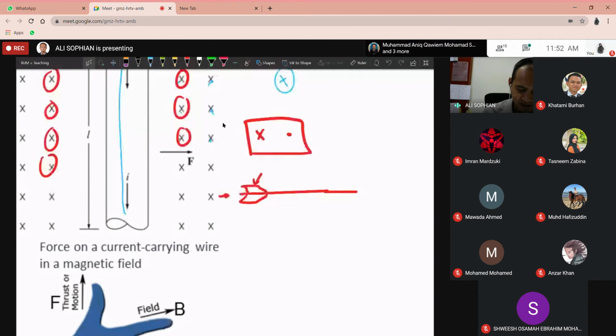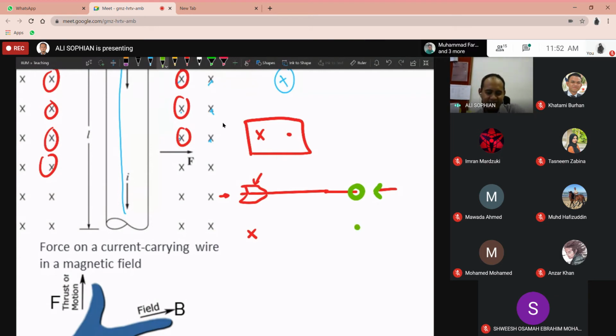It looks like a cross. But if you look from this end, you might still see the cross, but the closest to you will be this point here. So it will look like a dot.